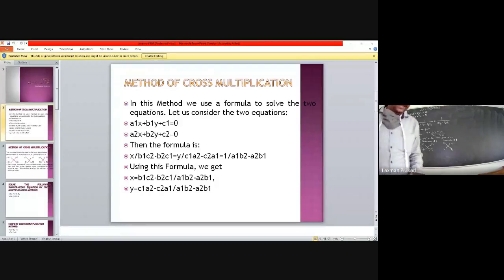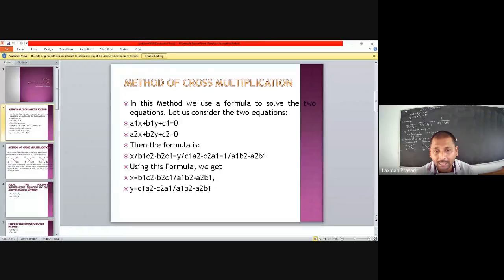So in my slide the same thing is written, but maybe you are having problem to understand, because the theoretical part is mentioned. See, a1x plus b1y plus c1 equals 0, a2x plus b2y plus c2 equals 0, then the formula: x upon b1 c2 minus b2 c1 equals y upon c1 a2 minus c2 a1 equals 1 upon a1 b2 minus a2 b1.